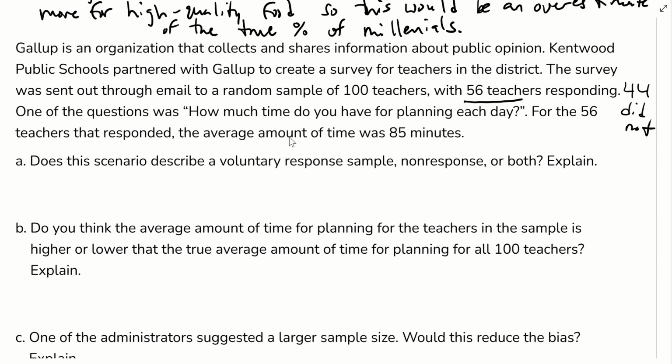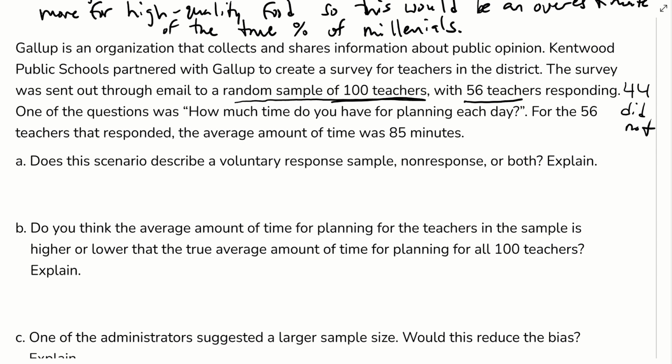Now, this is not voluntary because it's not like you're opening this up to the entire teacher population and then teachers get to respond, right? You're intentionally sending it to 100 teachers to respond.